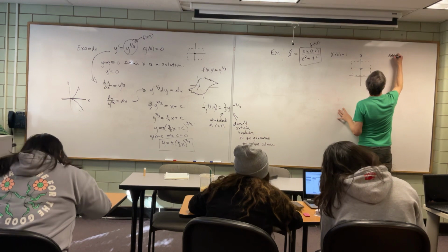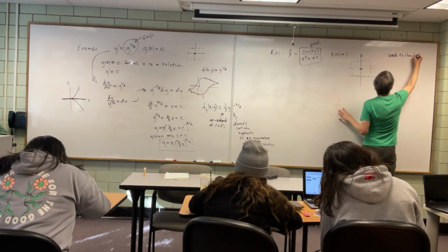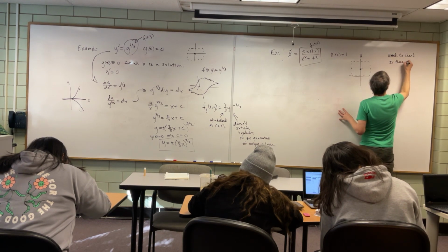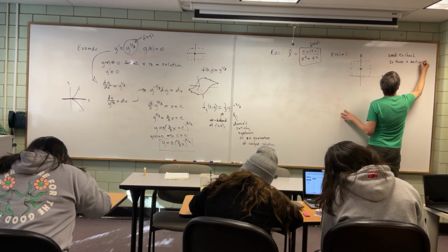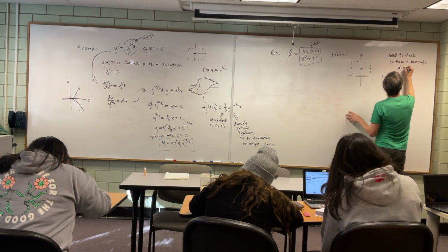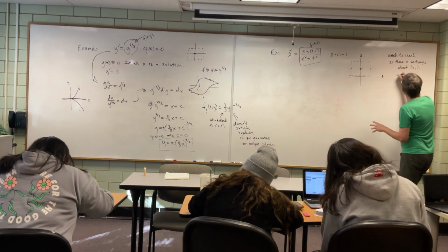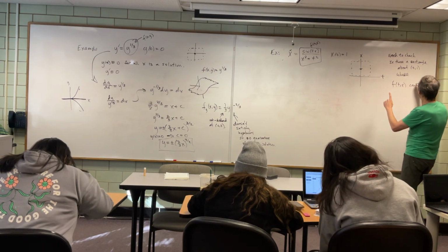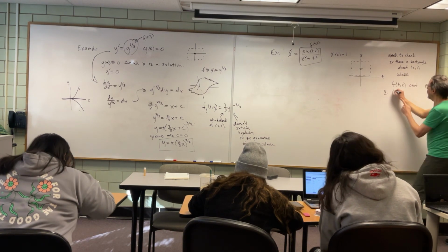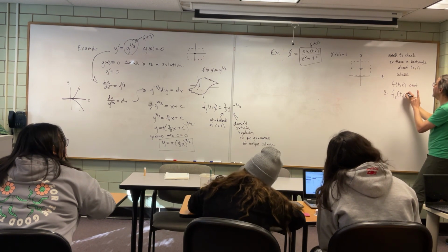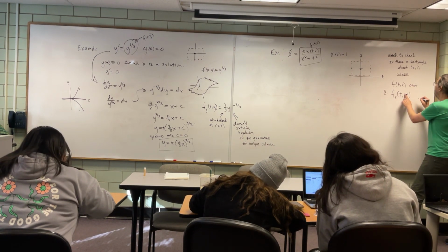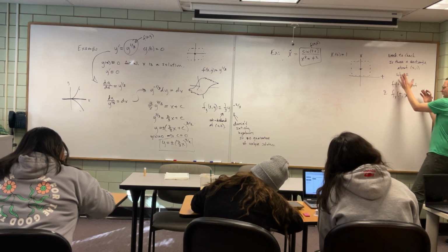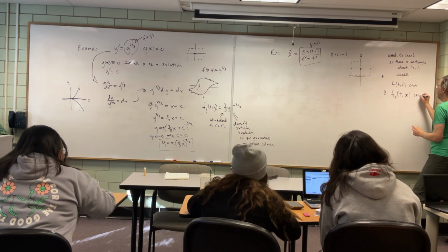So we need to check, is there a rectangle about 0, 1 where f of t, x is continuous and the first partial of f with respect to the dependent variable is continuous. That's why I put this example in here, so you wouldn't think it was always just y, or you saw that it's the dependent part, really.